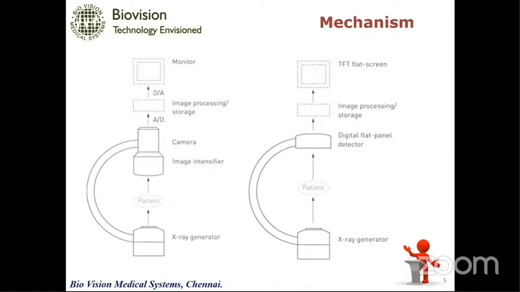So the X-ray source, the patient, comes to the image intensifier, and just above this image intensifier will be a camera unit. Before the end of the session, we will be able to open a machine using this image intensifier. There we can see what is what in detail, which will be handled by Mr. Zahir Hussain sir, our CEO. And then there is the analog to digital converter, where you do the image processing and you store this image.